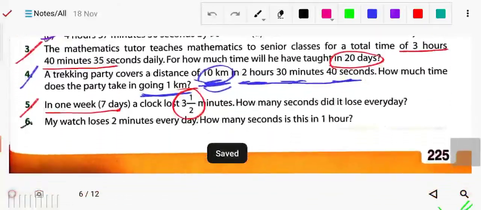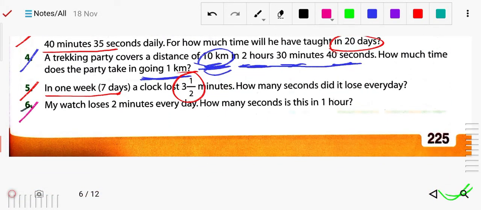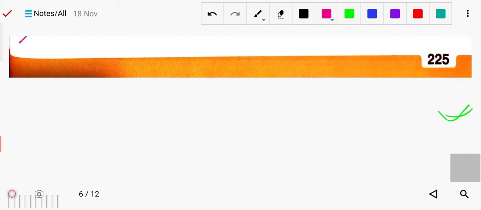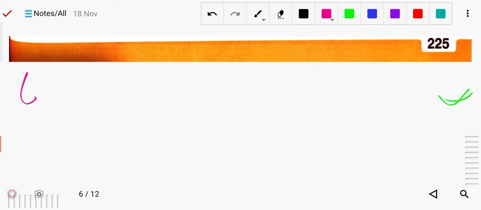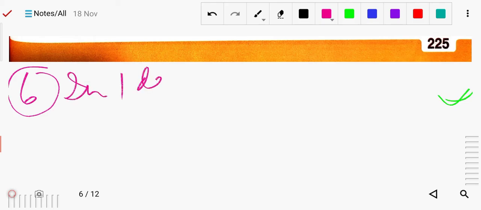Okay, now next question, last one, number 6. You can see, my watch loses 2 minutes every day, how many seconds does it lose in 1 hour? Same as the last question. As we have solved number 5, similarly we can do it. Number 6, you can write here in one day loses 2 minutes.